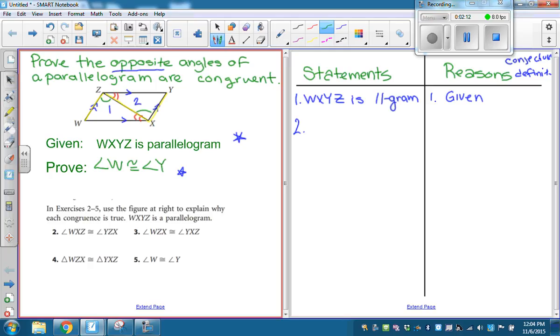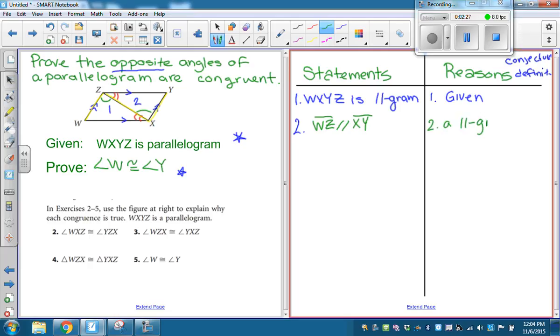So I'm going to say that WZ is parallel to XY. And the reason is because a parallelogram has two pairs of parallel sides.